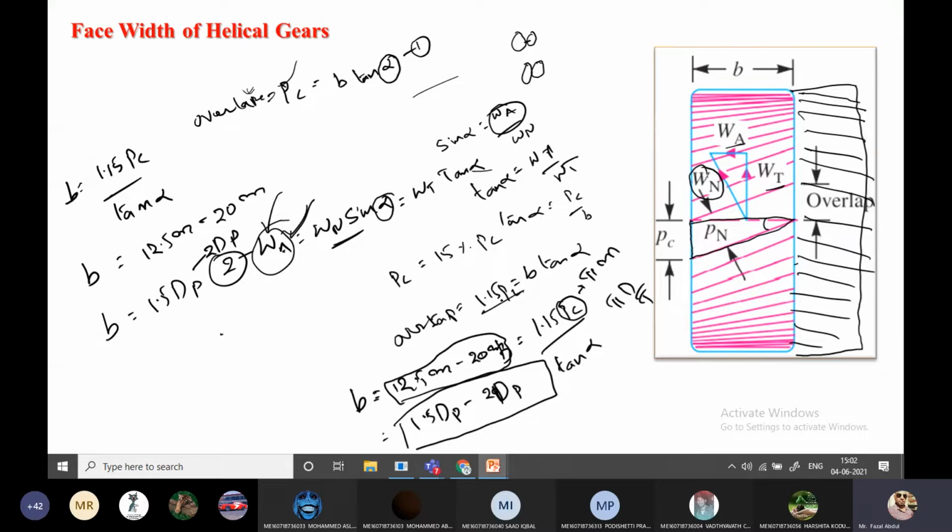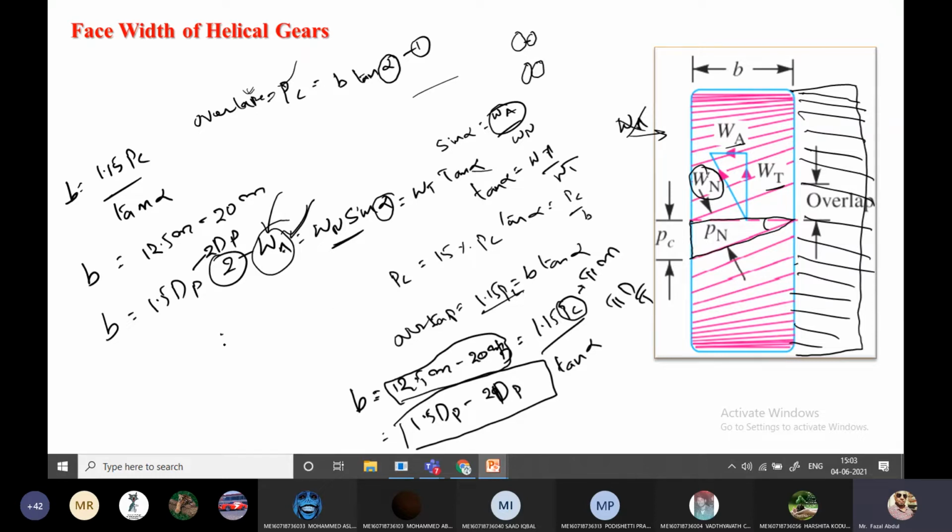Even though there are some losses, to overcome these losses the herringbone gear is prepared. So the herringbone gear is nothing but double helical teeth manufactured, with the teeth in opposite directions. You can see on the screen. With this, whatever axial load is acting on the gear teeth is eliminated.